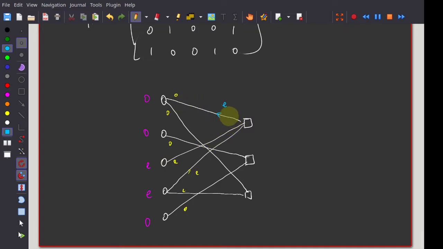One of the incoming messages is a 0, the other one is an erasure, so the outgoing message is also going to be erasure. Correct? Even if one of the incoming messages to a check node is an erasure, the outgoing message is going to be erasure. The same holds for this case. Is this okay?